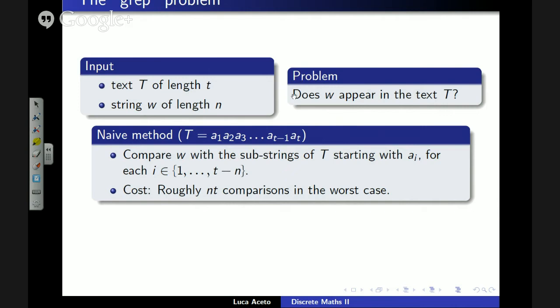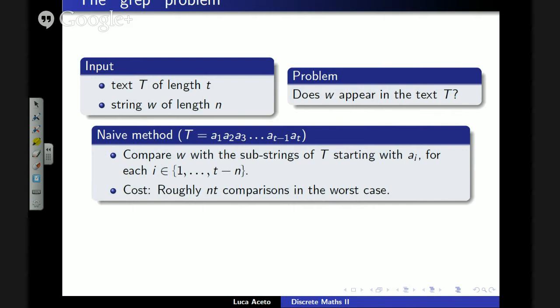Now, what does scanning mean? Scanning means I start looking at the first symbol in my piece of text, and then starting from there, I examine, in the worst case, the n following symbols to figure out whether they make W. If that doesn't work, you start from A2 to see whether from A2 you find W. And then you start from A3, and then from A4.